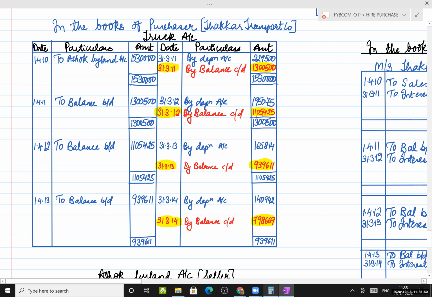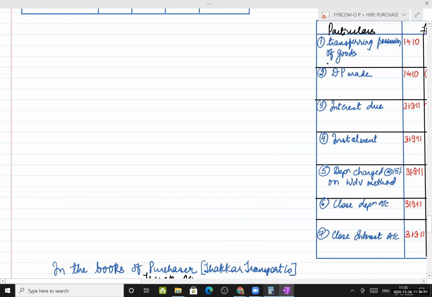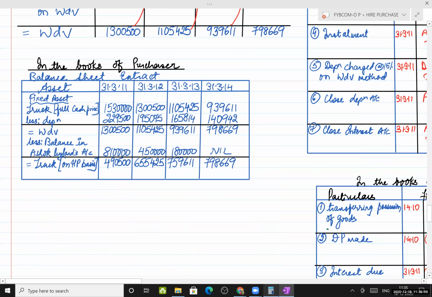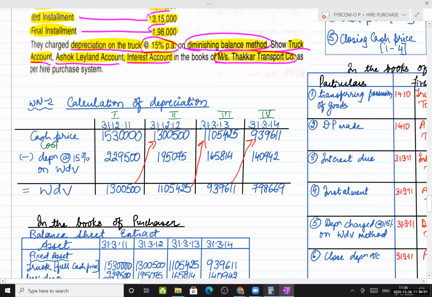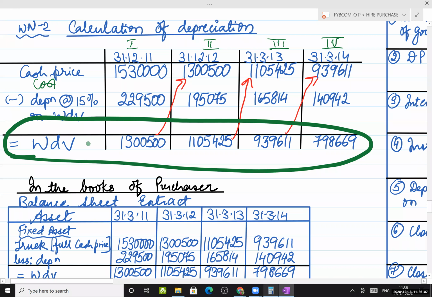This balance which is there in the truck account should match with your working note number 2. See, I'll show it to you. See, this is your working note number 2. Look here, the closing WDV is visible, here it is. So this will be the answer for your truck account. The balance of the first year, second, third and fourth year.